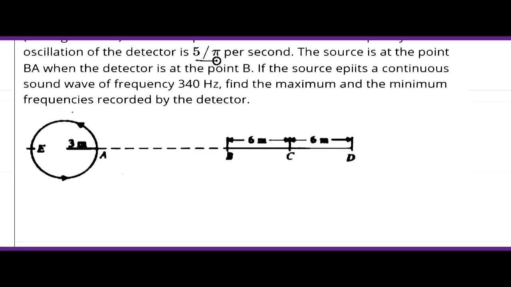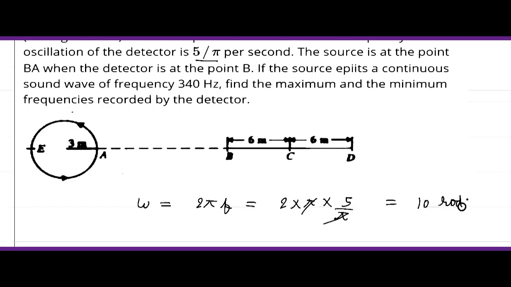In the question, frequency is given, so we can find angular frequency omega is equal to 2 pi f. 2 into pi into f, which is 5 by pi. Pi gets cancelled out. So angular frequency is equal to 10 radian per second, and this angular frequency of the detector matches that of the source.